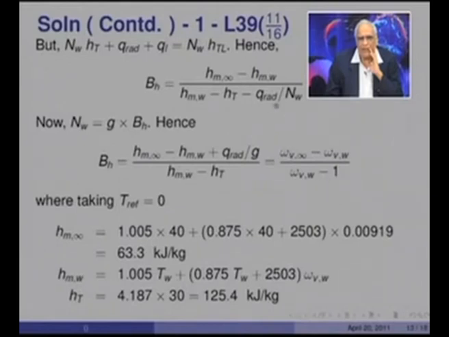What I have done here is I have replaced NW equal to G BH and then multiplied through, so that BH gets cancelled and QRAD appears now in the numerator.